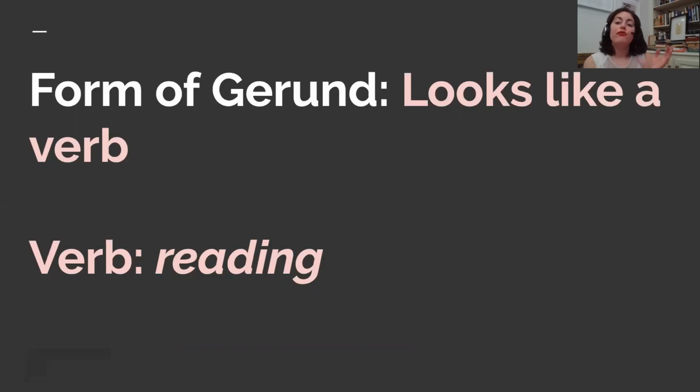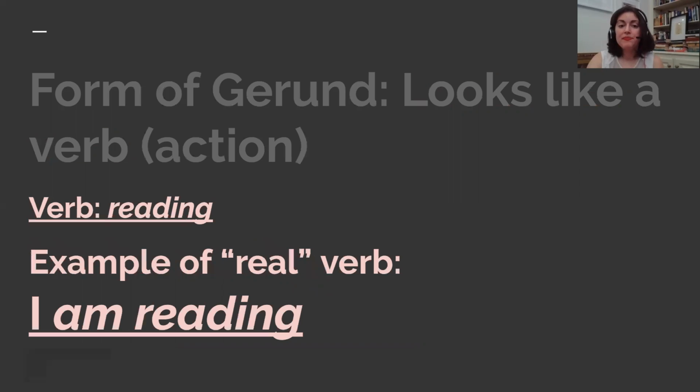So the form, think of the coffee cup, right? It looks like a coffee cup. This word looks like a verb, which is an action. So an example of a real verb of this word reading as action is something like I am reading in the present progressive. At this exact moment, I'm reading the word right here, okay?